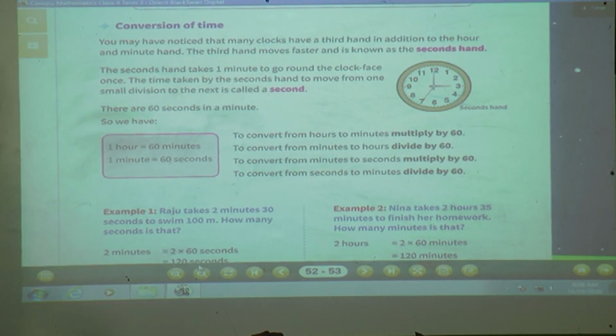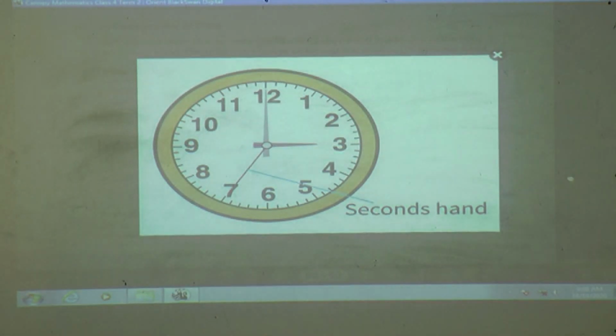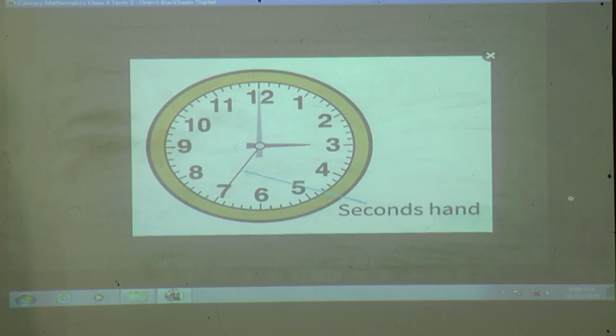Now you may have noticed that many clocks have 3 hands, isn't it? See this clock. You can notice in this clock there are 3 hands, in addition to the hour and the minute hand. The third hand moves faster and it is known as the seconds hand.